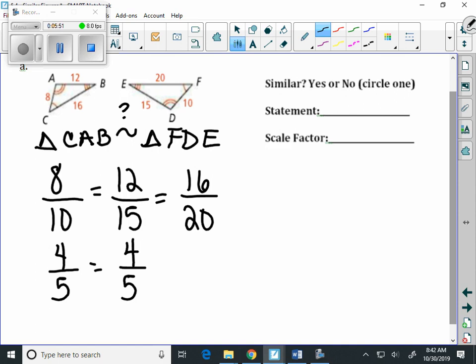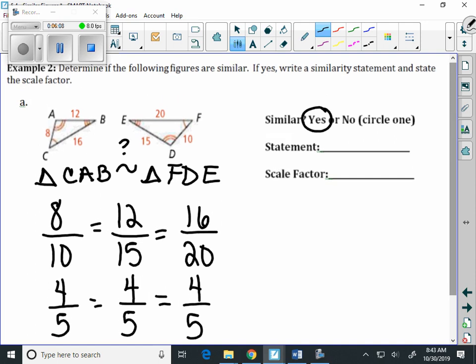If we simplify 16/20, we still get 4/5. And because all of those values, the 4/5, are the same, are they similar? Yes.